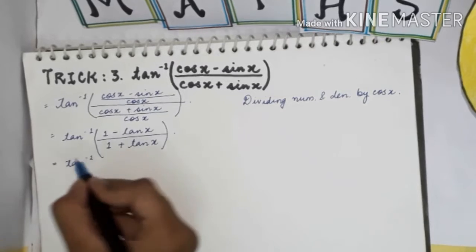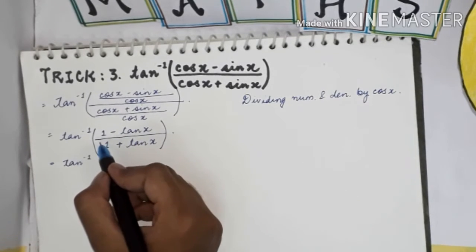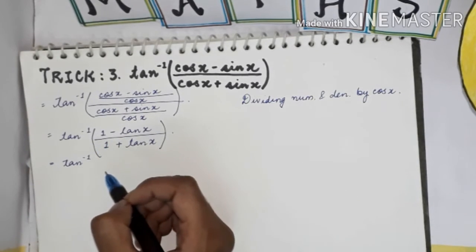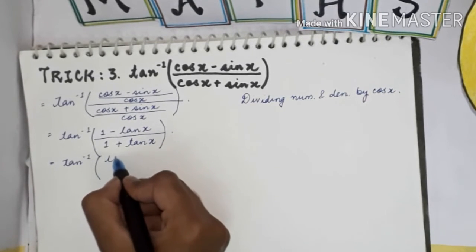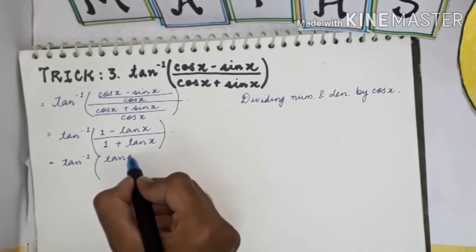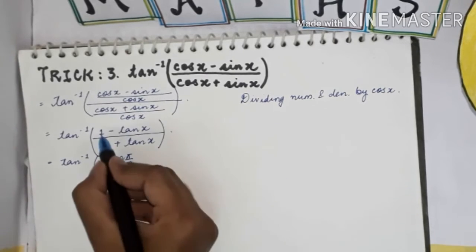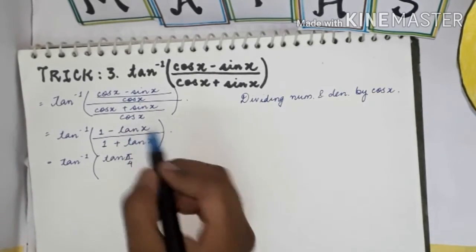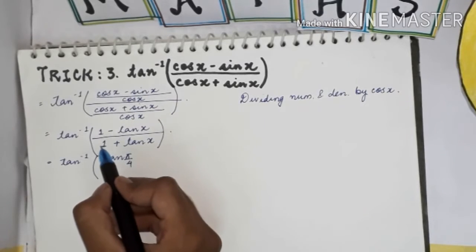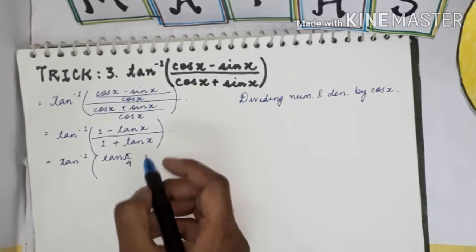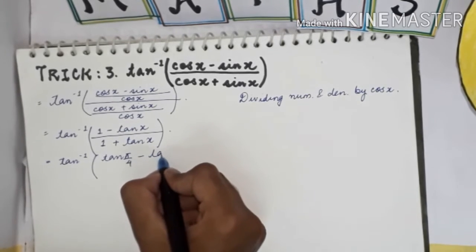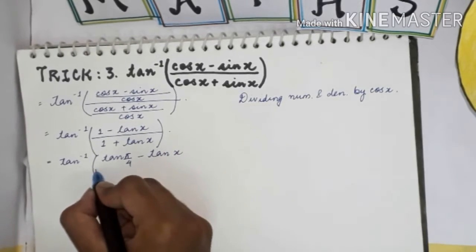Here you can write in place of this 1 tan pi by 4, isn't it? Tan pi by 4 is 1. Whenever you get 1 along with this tan x, tan theta, what you need to do is to replace this one by tan pi by 4 and then see the magic. Here what you got.